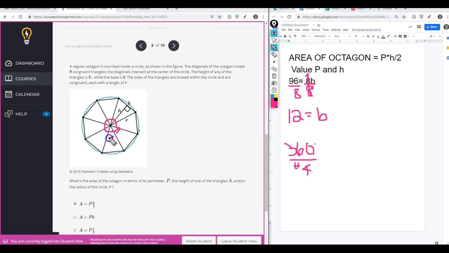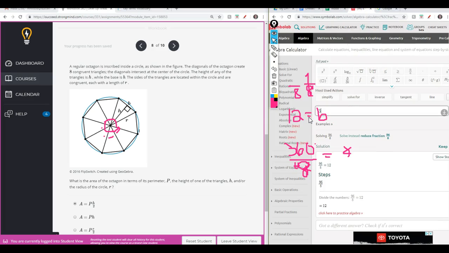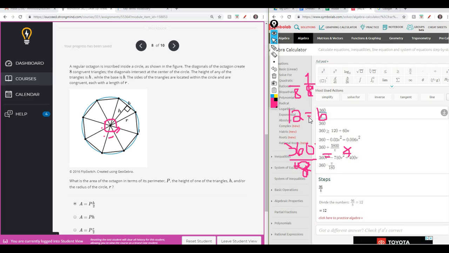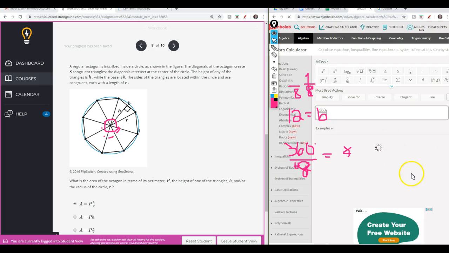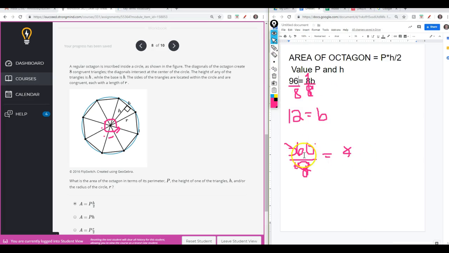There's 1, 2, 3, 4, 5, 6, 7, 8 central angles. So I take 360 divided by 8, and if you don't know that off the top of your head, we type it in, and that gives us 45 degrees. So the central angle is equal to 45 degrees.